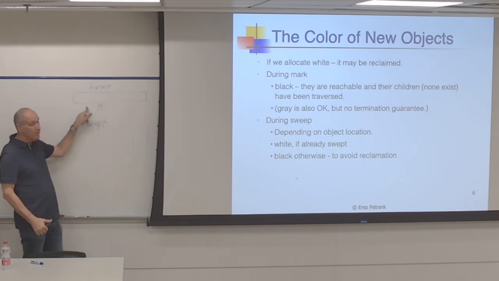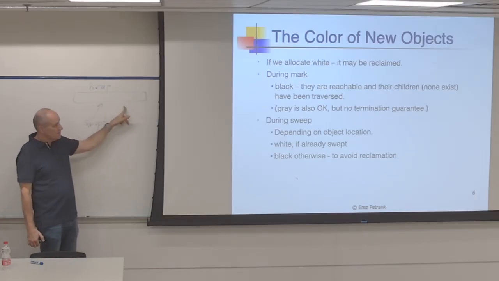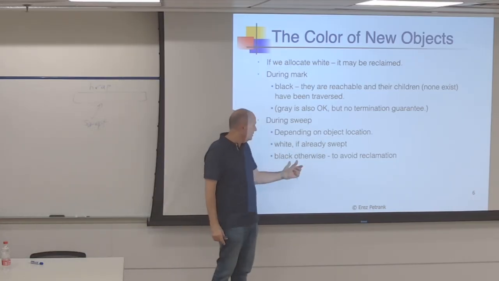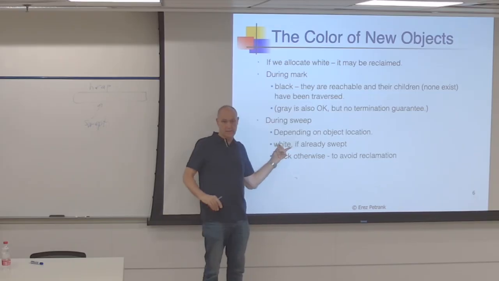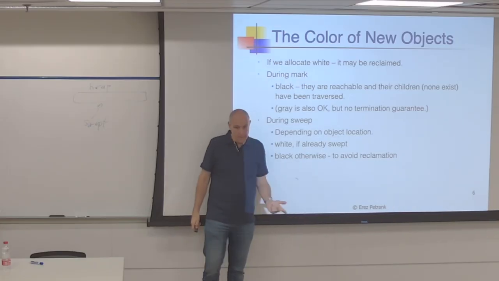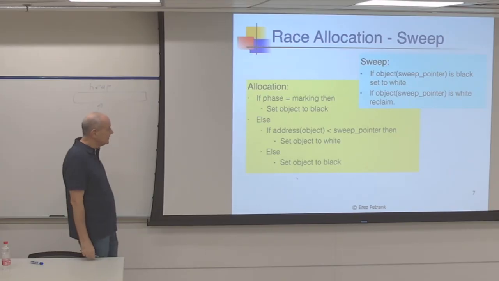If we're here and we make it black, it will be bad. If we're here, we want to make it black. And so during sweep, it depends on the object location. We want it white if the area was already swept, this object was already swept, and we want it black otherwise. Okay, but this is not easy.